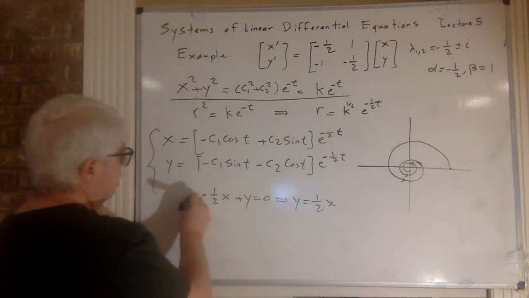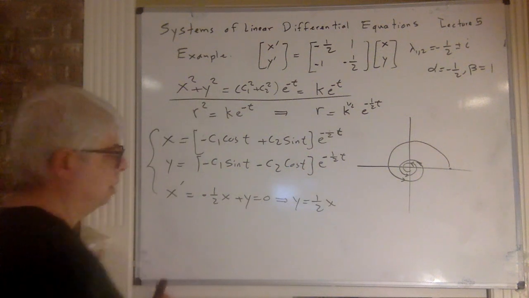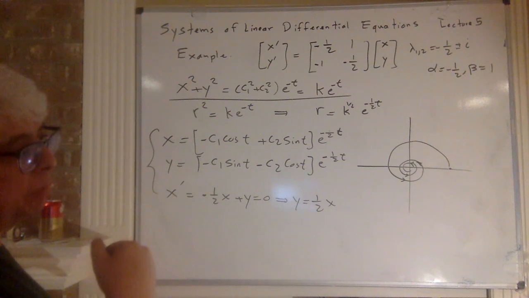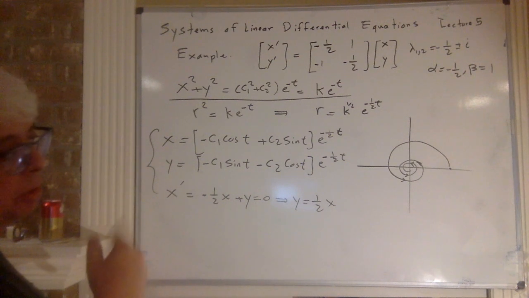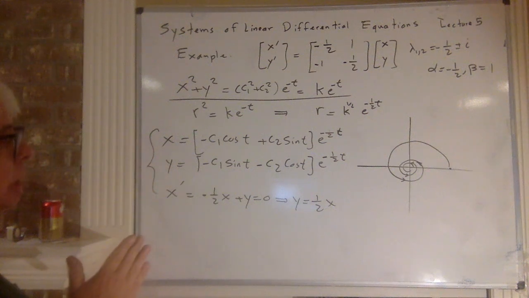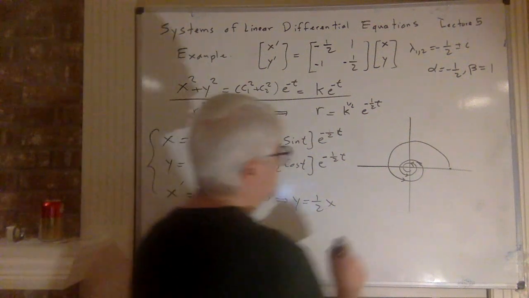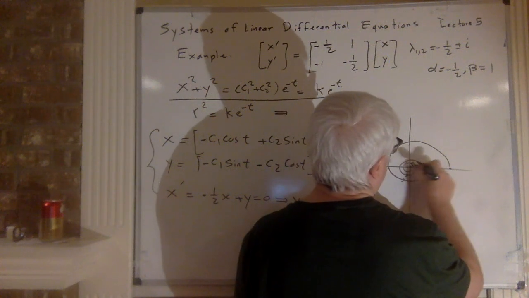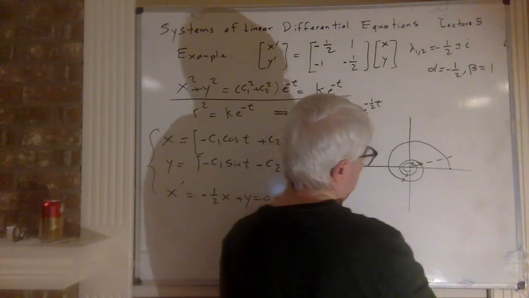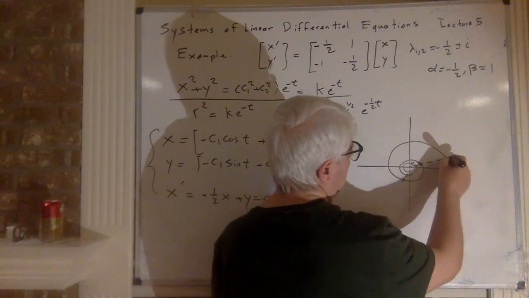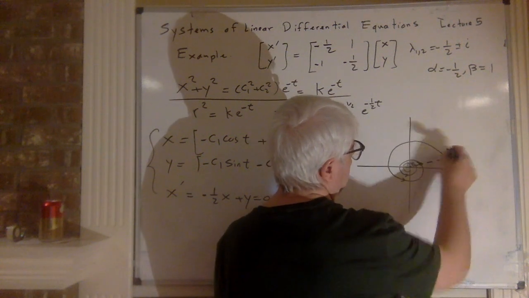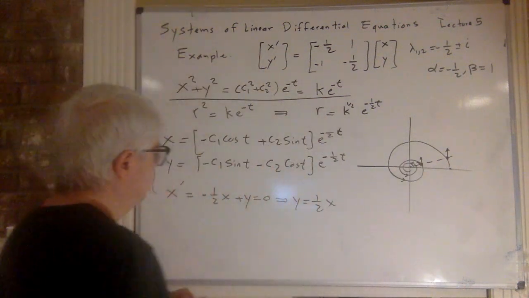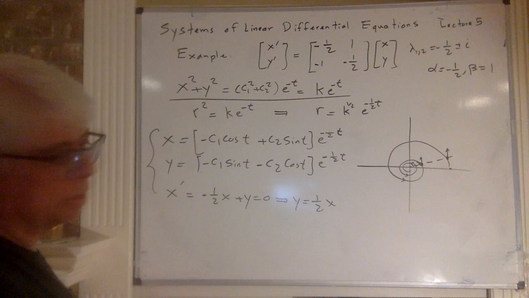On this line, x prime is 0, right? x prime 0 means that in the direction of x there is no velocity, so velocity is in the direction of y. Now, what is this line? This line is like this. I'm not too sure, this is not a nice picture. So on this line, the velocity should be in the direction of y, not x.